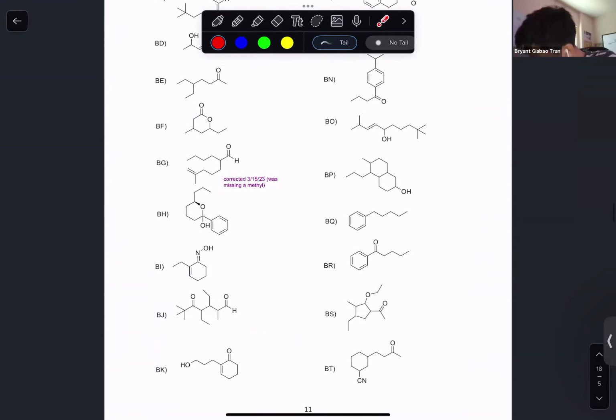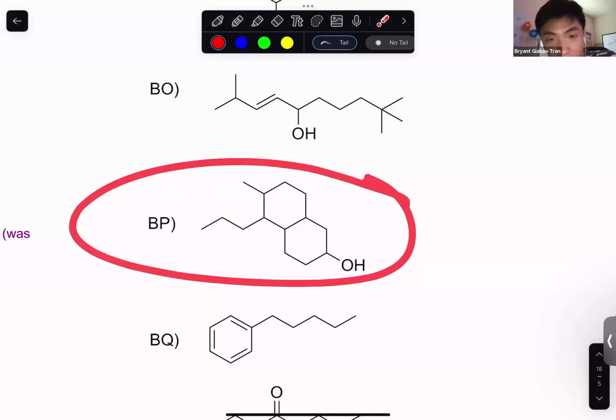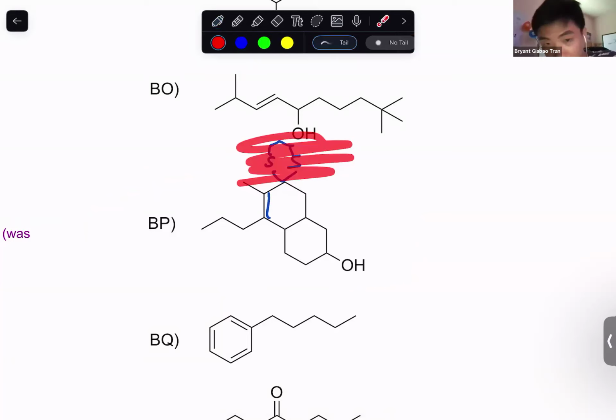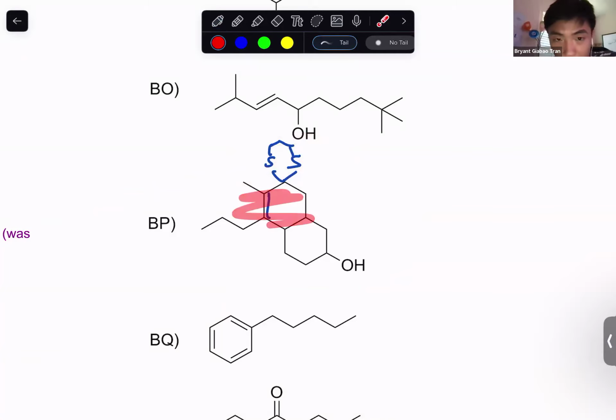BP. Yep. So H2 Raney nickel would do two things. It would get rid of this thioacetal protecting group and the alkene right there. It reduces both things. Reduces the thioacetal, that goes away, and reduces the alkene, that goes away. Right.